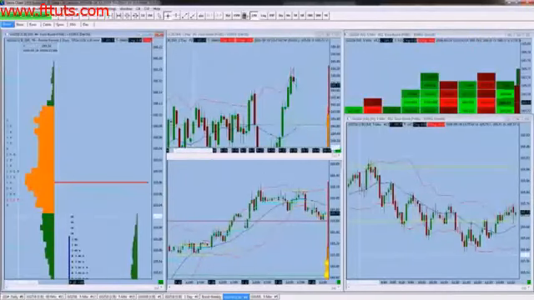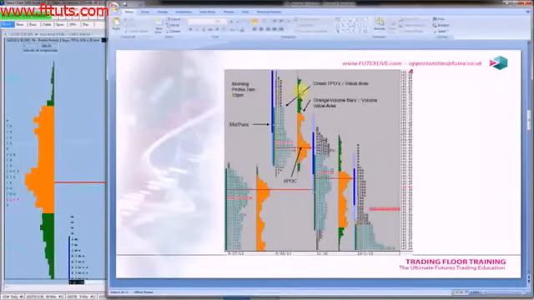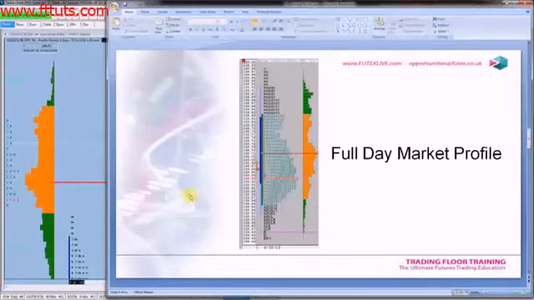So in terms of your profile and the things that you are looking for, your TPOs are your time price opportunities. Your green TPOs are your 70% value area. Your orange areas are your volume value areas. And as your full market profile progresses, we go all the way through the capital letters, and we end up with a full day's information.